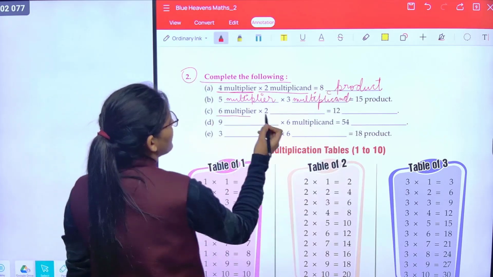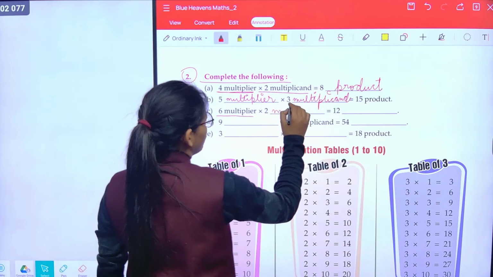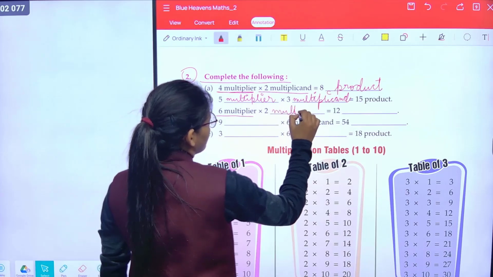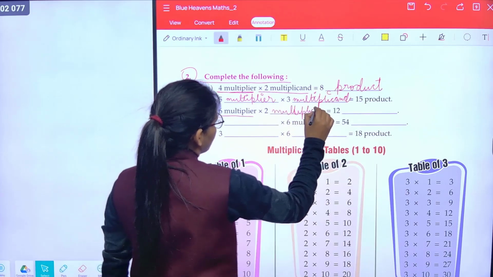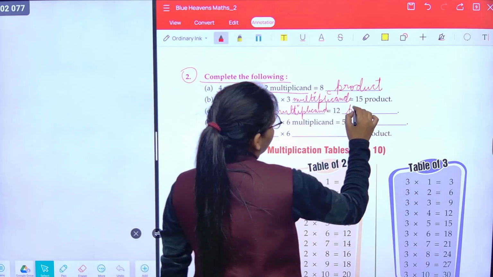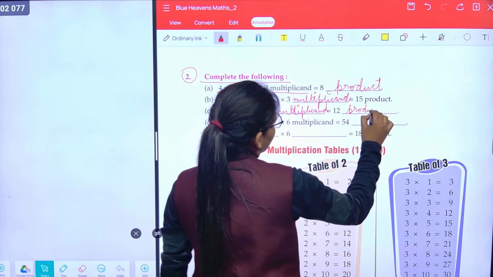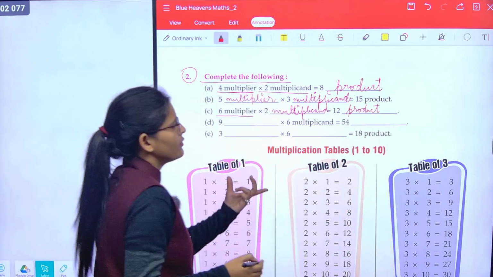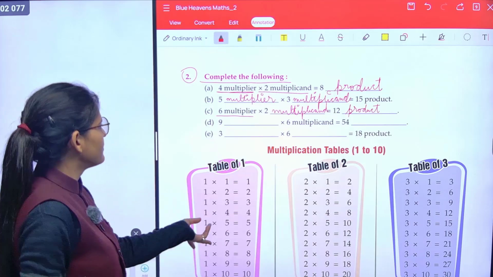Now 6 is the multiplier, 2 is the multiplicand, and 12 is the product. Understand? Rest of the parts do yourself, class.